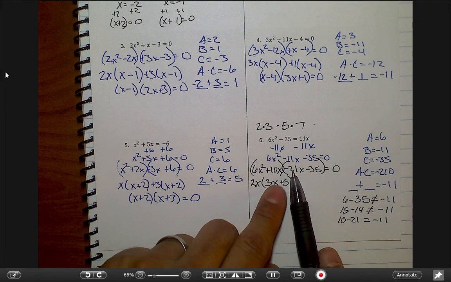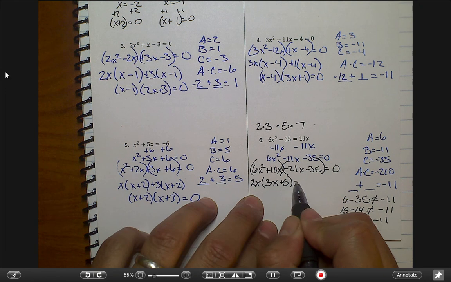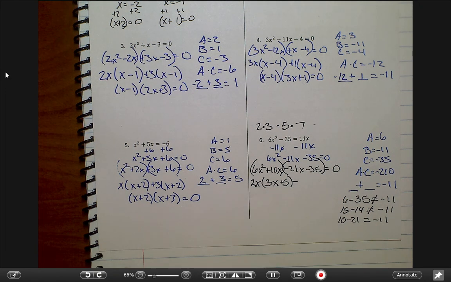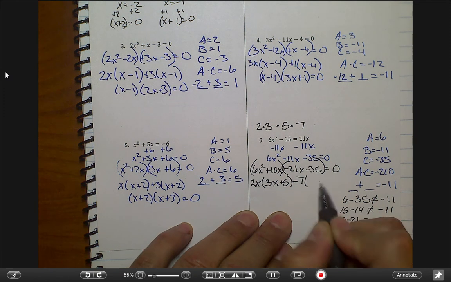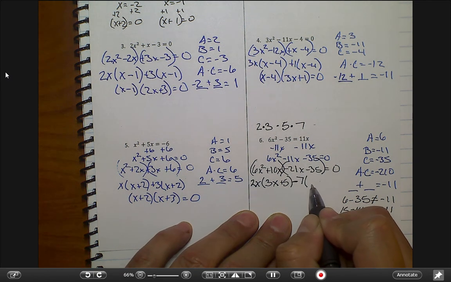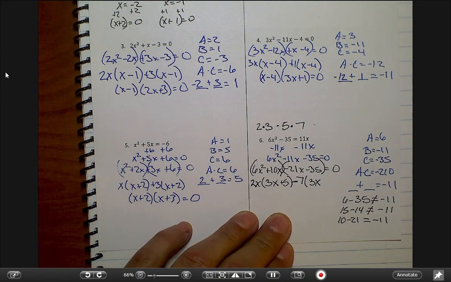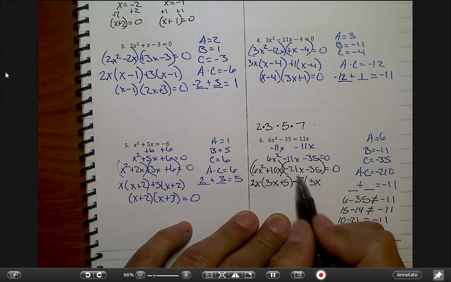Now for this one over here, I have negatives right here. I have a negative out front. So now, what do they both have in common? Okay, they both have a negative, so I'm going to take out a negative. Now, what about 21 and 35? You can divide by 7. So negative 21 divided by negative 7, positive 3x, right? 3x, because the x is not going to cancel.